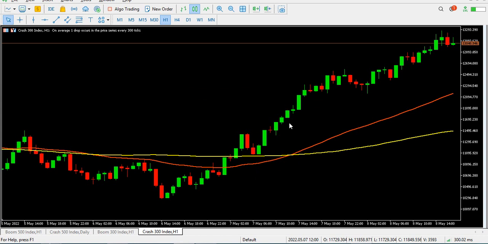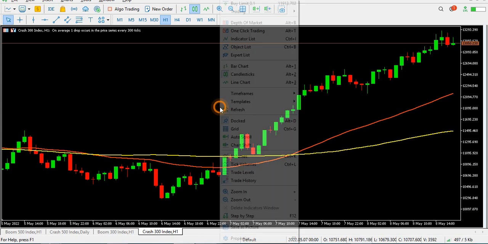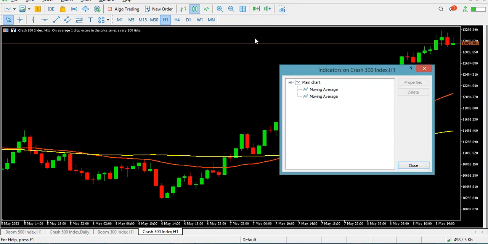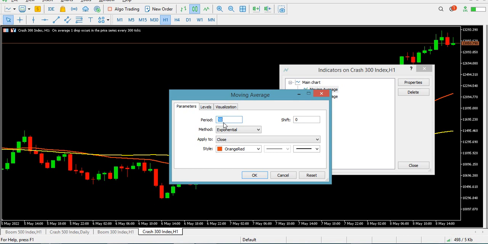That is good. Now if you think these two lines have the same pixels, and you want the 100 to be thicker than the 50, for simplicity, you can come to this place, go to indicator list, click on the first one, and you can see 50, and you can see the star right here. So you can choose whichever line you want.